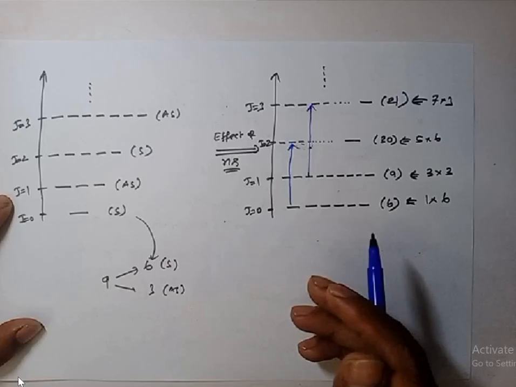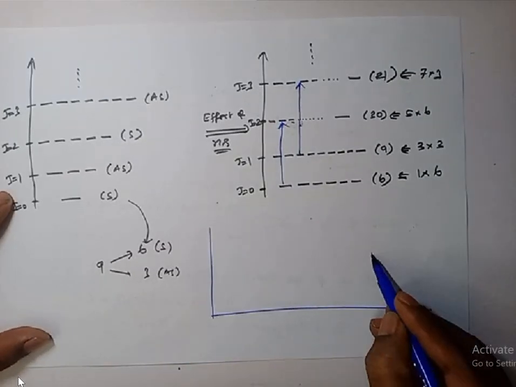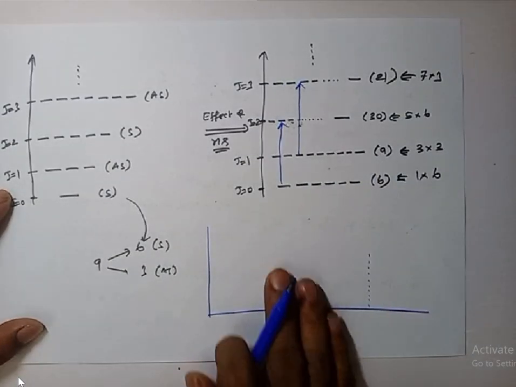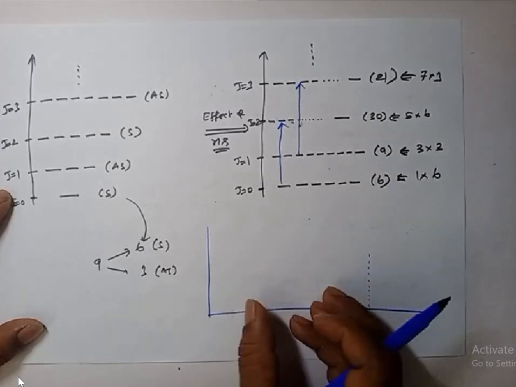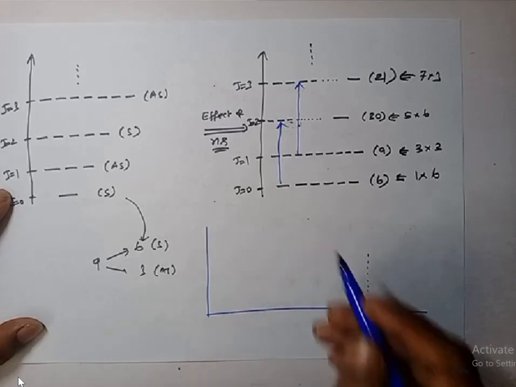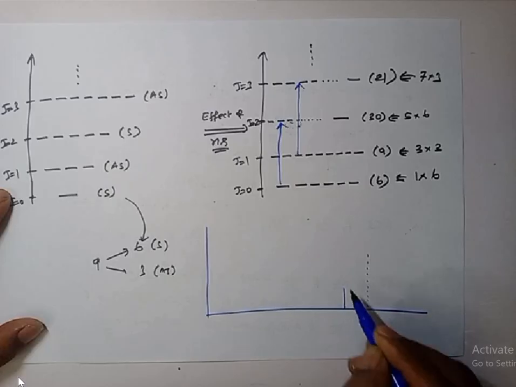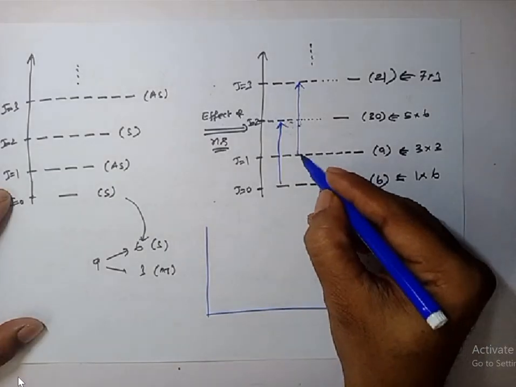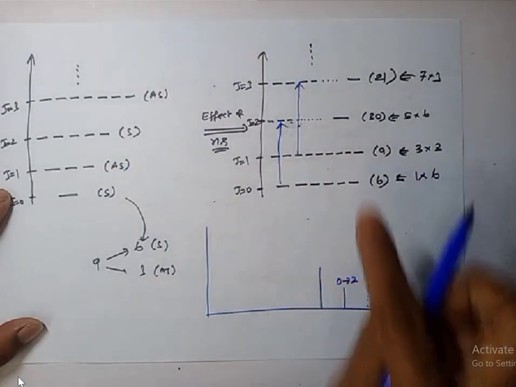Okay. So, the intensity pattern will be like this, isn't it? This is the Rayleigh line. I am just showing you the Stokes lines. Whatever we discuss for Stokes lines, the same thing is applicable for anti-Stokes, so I am going to show you only Stokes here. So the first line, J equal to 0 to 2 transition, will appear with some intensity. Then J equal to 1 to 3 transition will appear with a little higher intensity because 9 states are there.